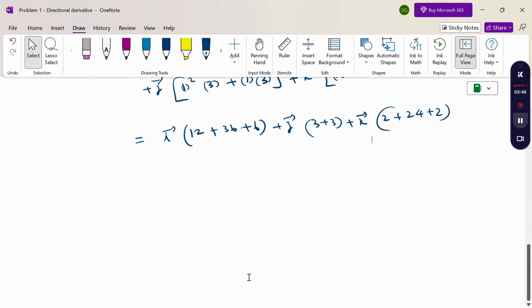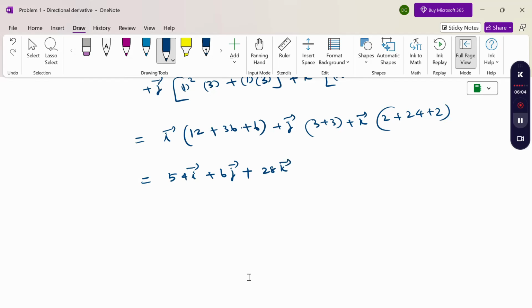Using a calculator: 36, 42, then 44, 54 I vector, plus 6 j vector, plus 24, 26, 28 k vector. So this is del phi at the point (1, 2, 3).